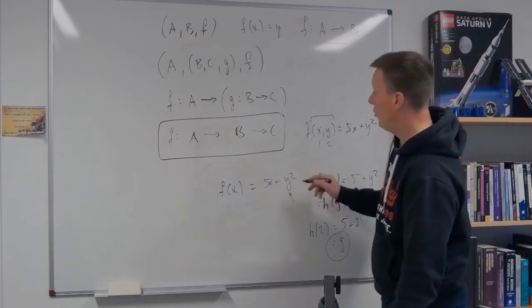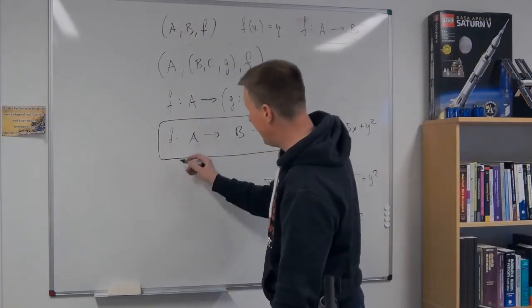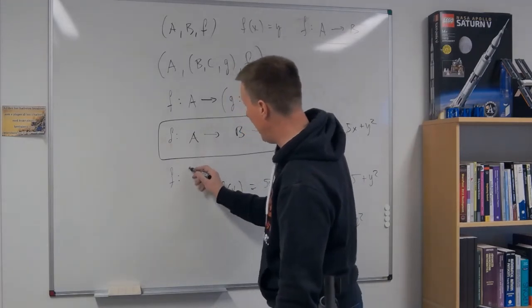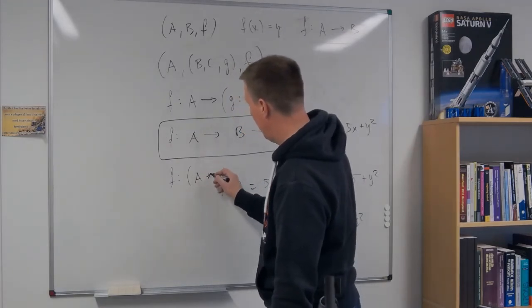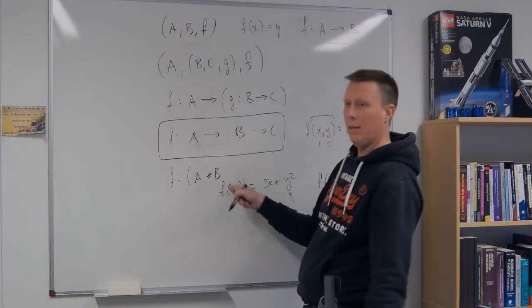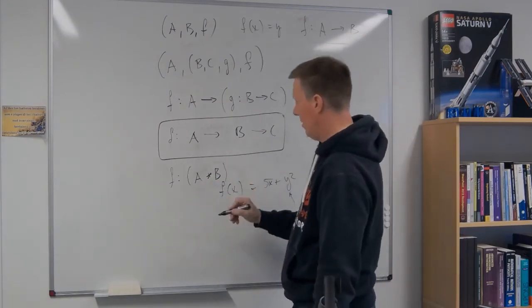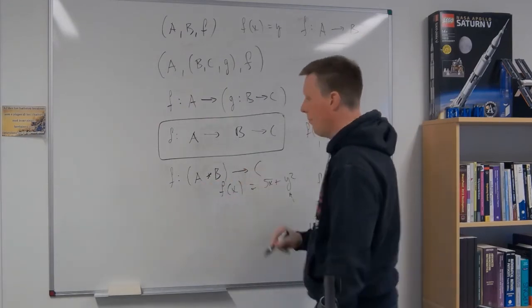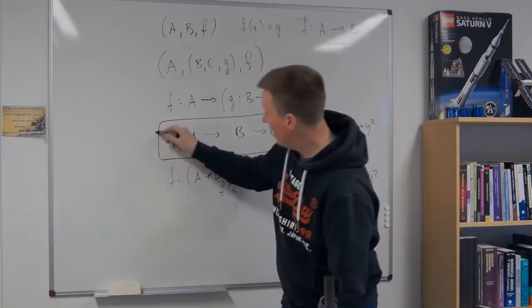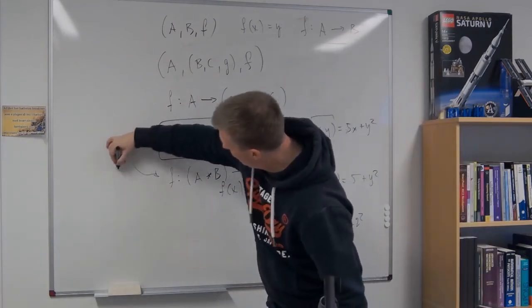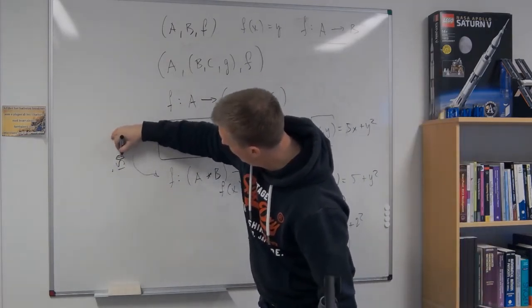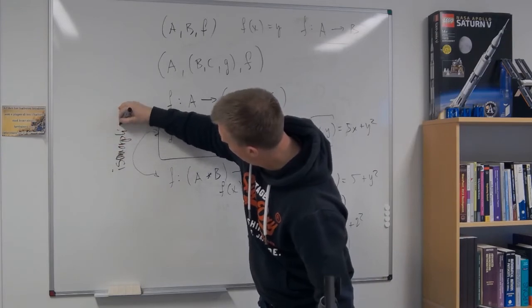And you can actually show quite easily that this exact same thing here can be written as A, B. This is the mathematical way of saying pair. It's a star, gives a C. And that these two things are isomorphisms. Isomorphic.